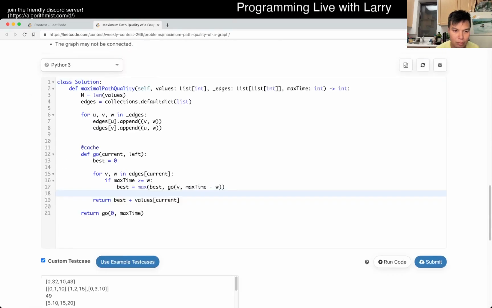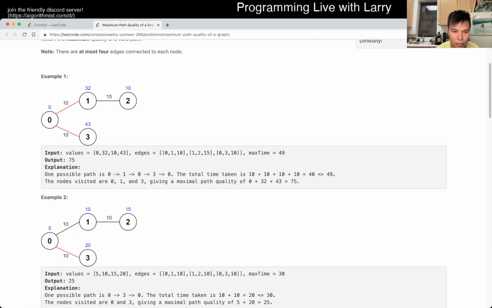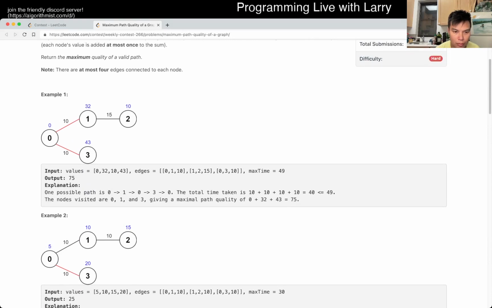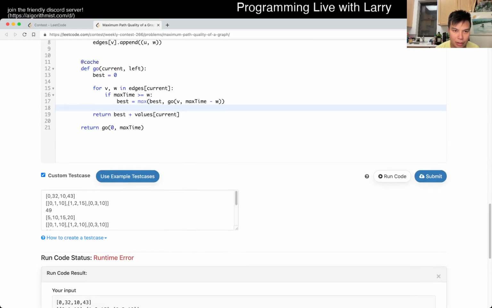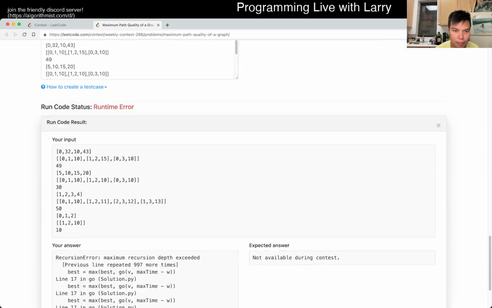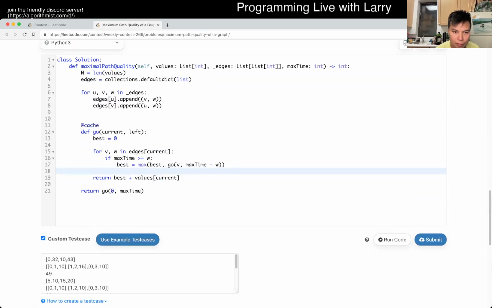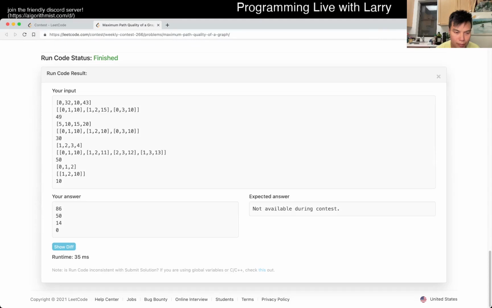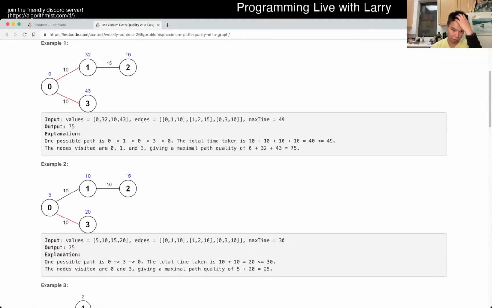Hmm. Oh, you don't count the nodes more than once. Though I'm surprised that this skips infinite loop. Oh, whoops. Of course, I have the wrong answer. I misread this one actually.